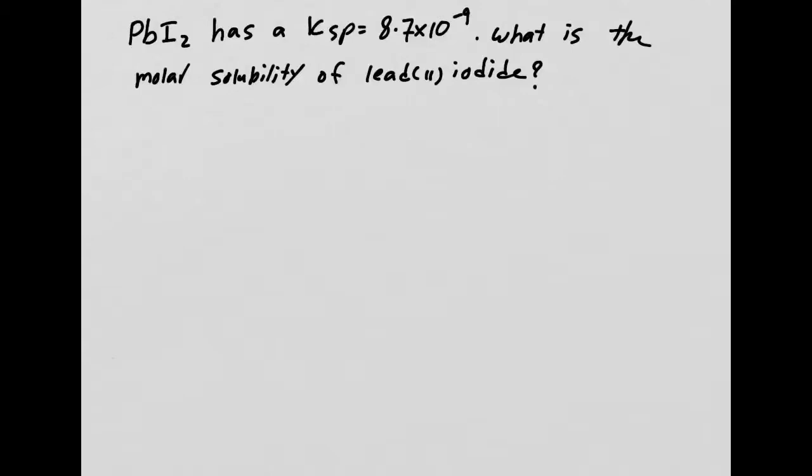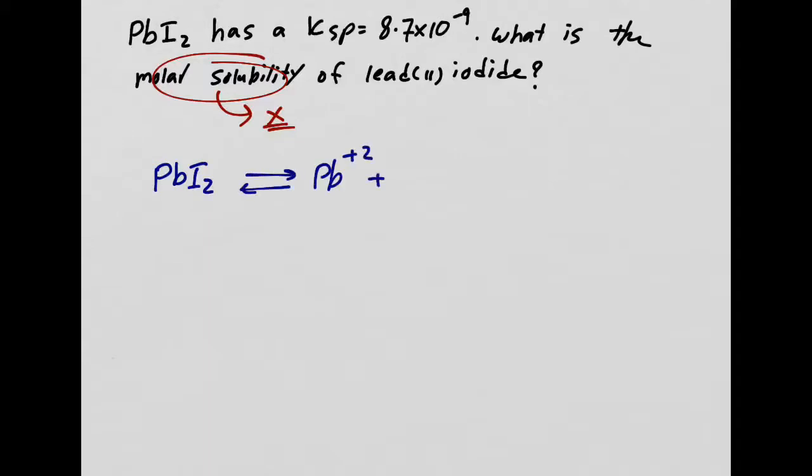So in this problem, they ask you for molar solubility. And remember what we said: when they ask you for molar solubility, that's the maximum amount that has dissolved. Basically, they're looking for x. What is the max that has dissolved? So hopefully you go, okay, I know how to do this. I'm going to write down the equilibrium equation. It breaks up into Pb plus 2 and 2 I minus.